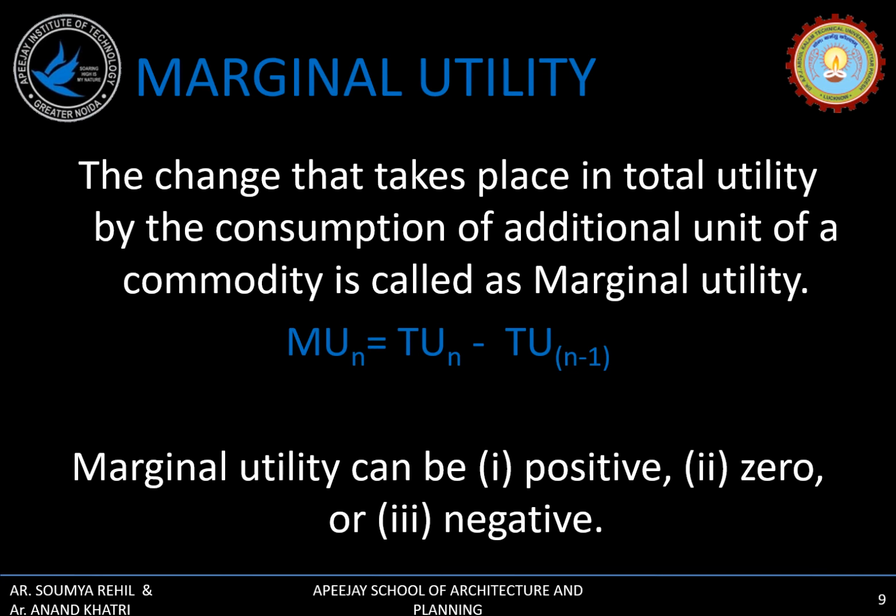If we look at an example of mango, marginal utility for consumption of 5 mangoes is equal to the total utility received from consumption of those 5 mangoes minus the total utility received from consumption of n minus 1, that is 4 mangoes.